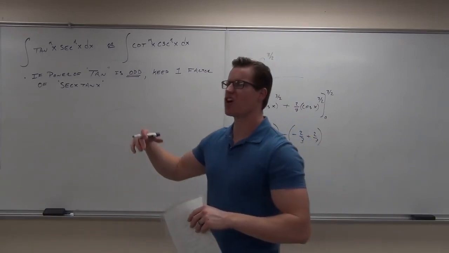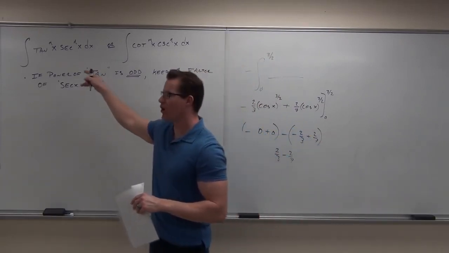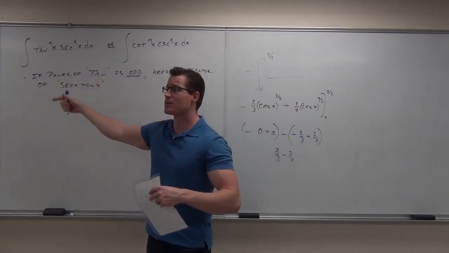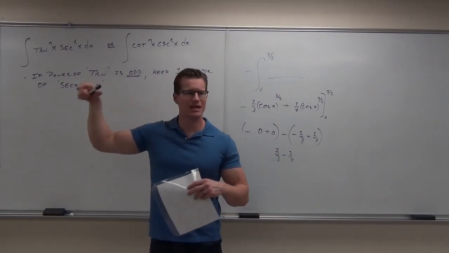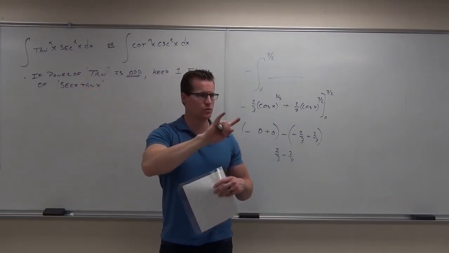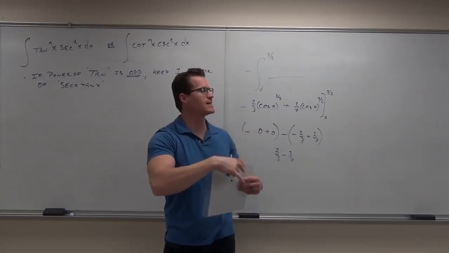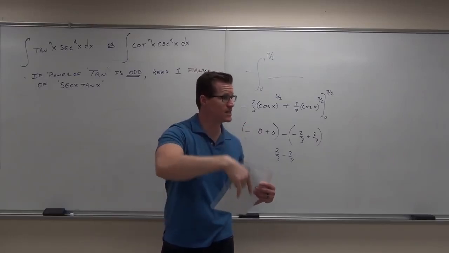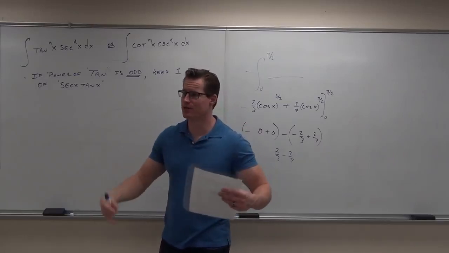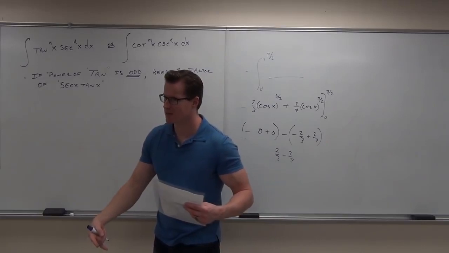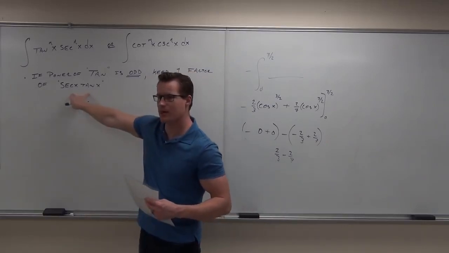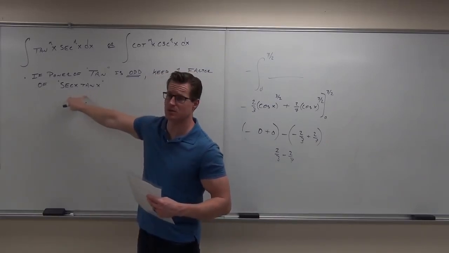So if tangent is odd, like 3, we're going to strip off a tangent. That's going to make the remaining power a 2. Tangent to the second power has an identity. It's going to change into secant. Hey, what's the derivative of secant? Secant tangent. That's why we're keeping that, because this will allow us to do a substitution.